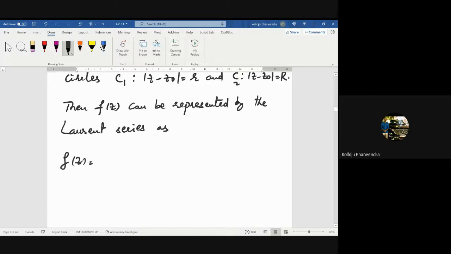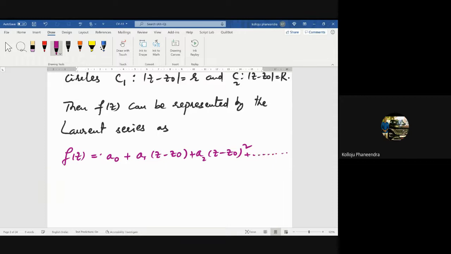f of z equal to a naught plus a1 into z minus z naught plus a2 into z minus z naught whole square and so on.